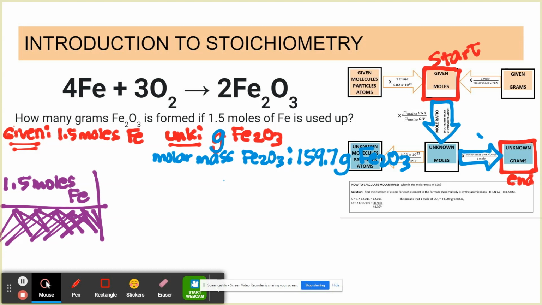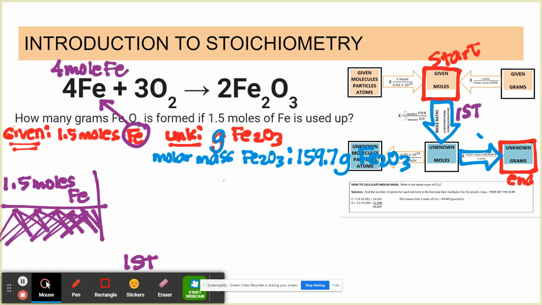Now, our first step, if you look closely, is this one right here. Remember, it has to be in order. The first step says we have to use the mole ratio. The mole ratio is the coefficient from the chemical equation, and it's from the given, which is your Fe right there. So 4 moles of Fe.